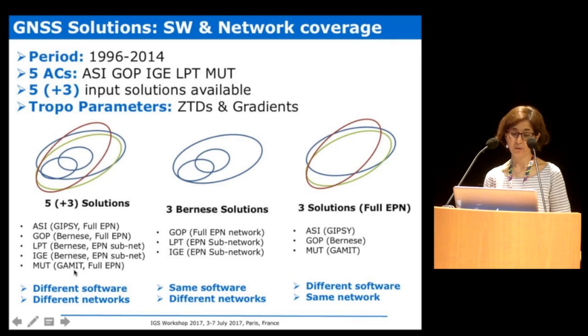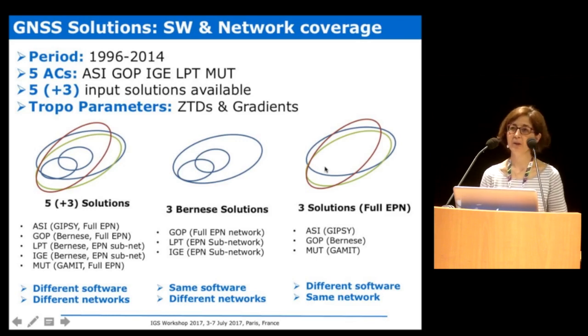So we have different software involved and different networks. Of the three main software packages used in the processing, we have 3 Bernese solutions, 1 with the full EPN and 2 with the EPN subnetwork, and 3 solutions with the full EPN, 1 with GIPSY, Bernese, and GAMIT. So different software with the same network.